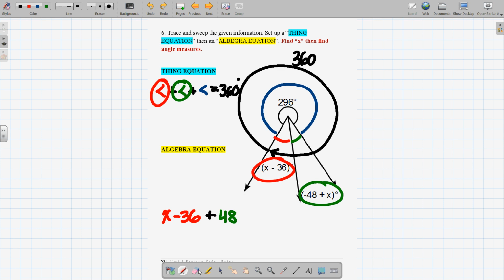Notice that's a minus sign there, so we're going to take this and change that to minus 48. The blue. Go ahead and solve for x.